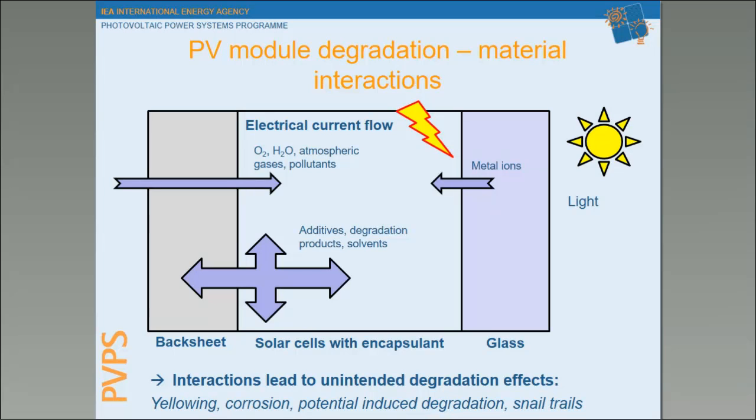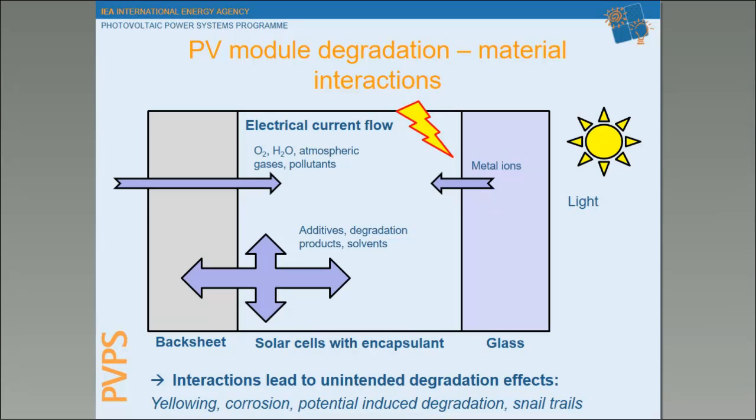So from the outside world, we have oxygen, water vapor, atmospheric gases and pollutants diffusing via the backsheet into a PV module. Within the polymers, we have additives, degradation products, maybe solvents that can migrate in all directions, and from the glass we have metal ions that can migrate into the encapsulation material.